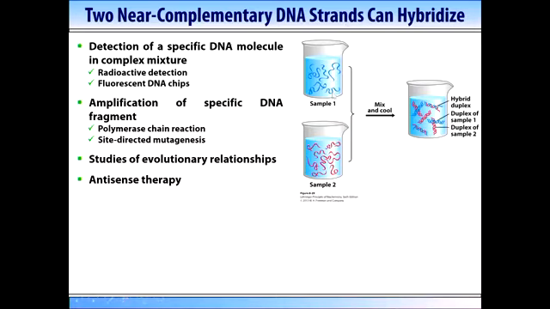Basically, if you have one side of the strand in one tube and the other side in another tube, and you mix them and slowly cool down, they will hybridize. Hybridization is basically annealing. It's the same as annealing. Each DNA strand will find its partner.